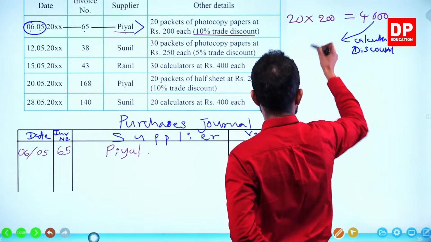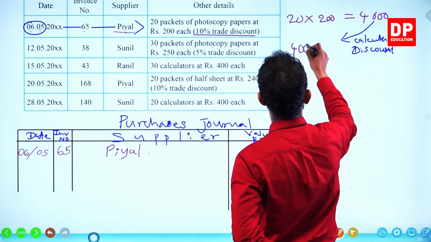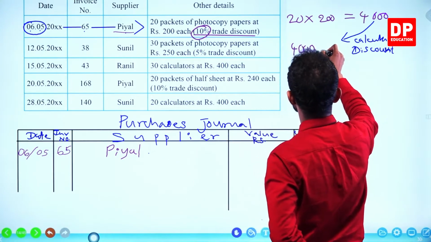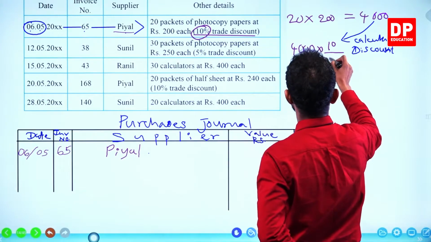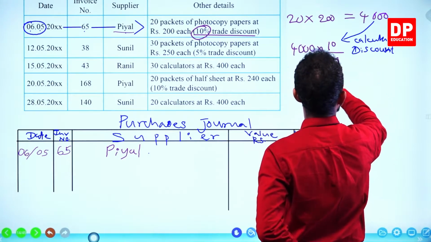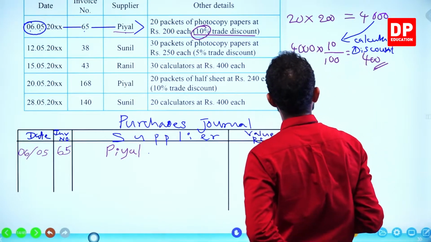Take 4,000 and get the discount percentage. 10%. That means 10 over 100. Answer is 400. That is the answer here.